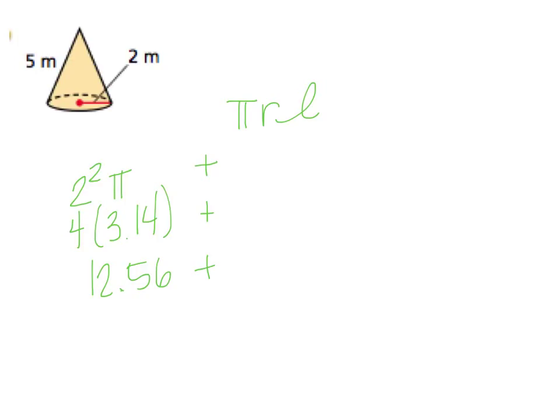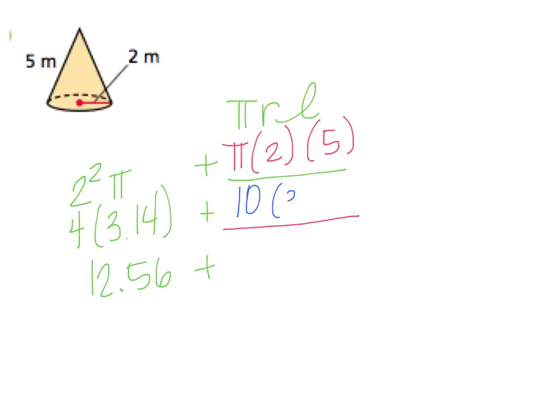So see if you can figure out what this next step is going to look like. So you should have put pi times 2 times 5. See if you can figure out the next step. You should have done 10 times 3.14. Then in that final spot you should have 31.4.